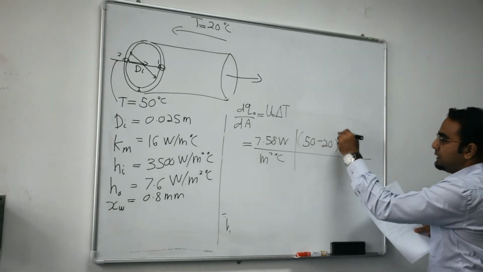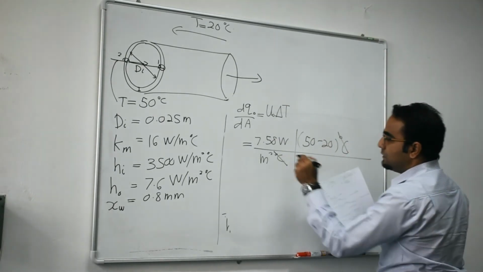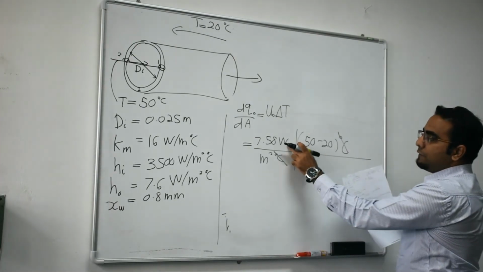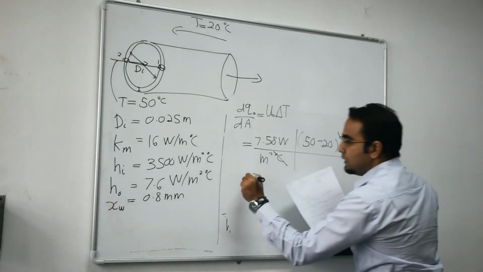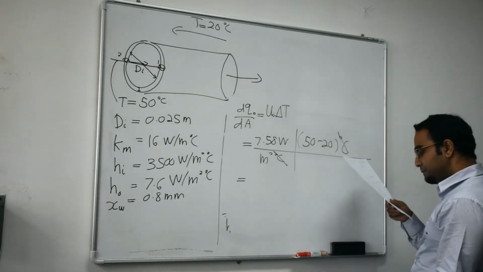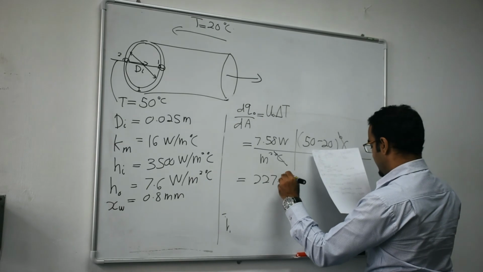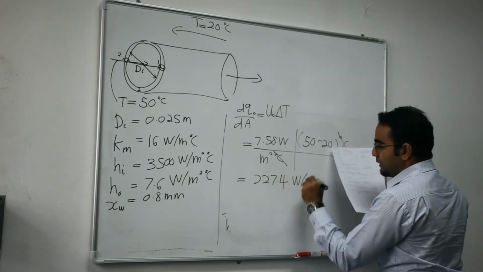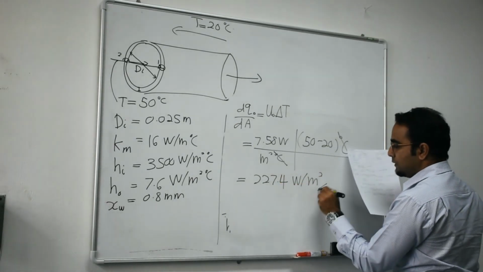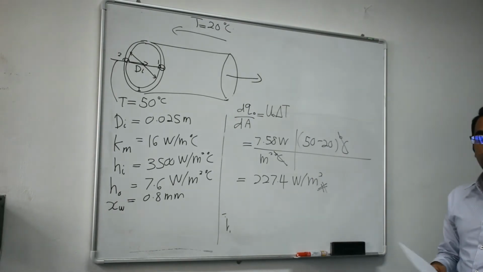So if you do unit cancellation, degree Celsius minus degree Celsius, the unit left is watt per meter squared. So the answer is going to be 227.4 watt per meter squared. That is the answer for your heat flux.